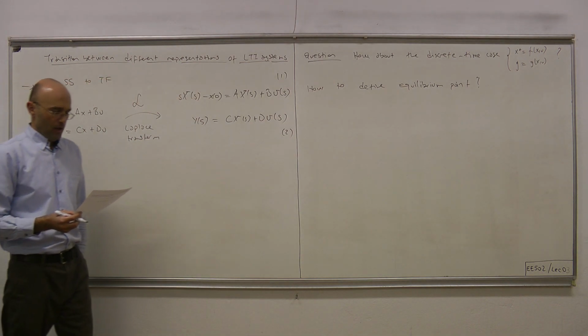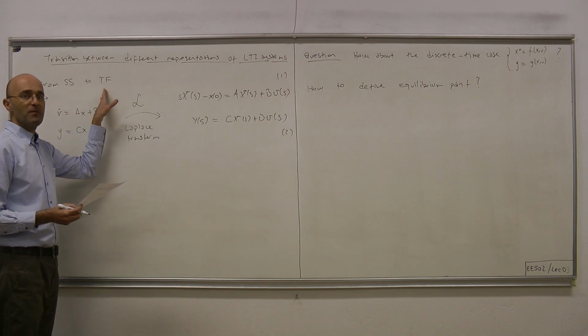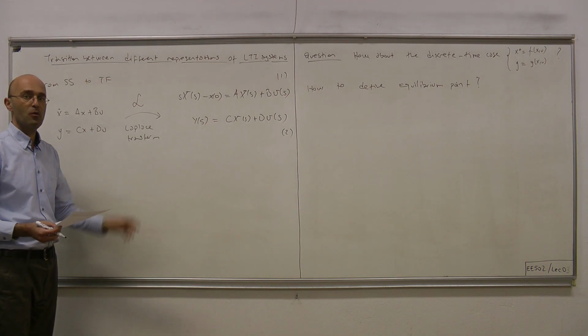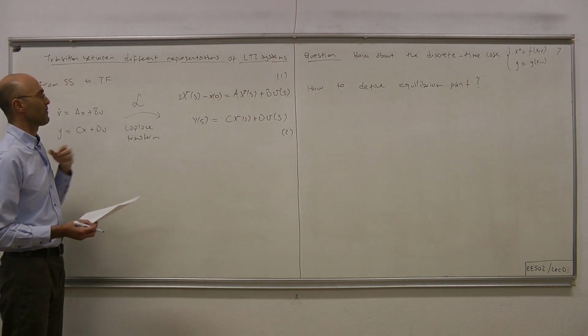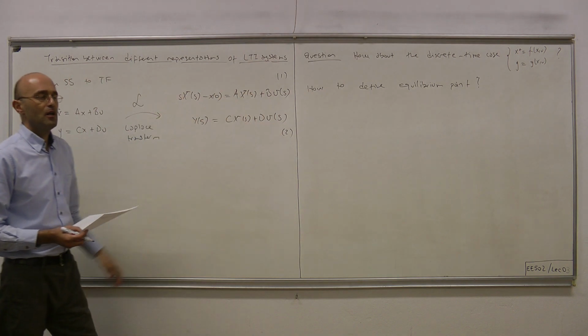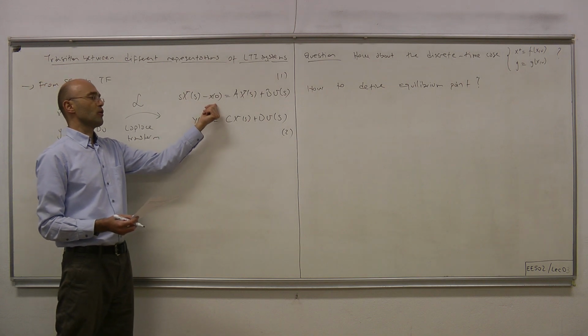Okay. And now, by definition, the transfer function is a matrix in general with entries that are rational functions of s, such that the matrix transforms the input to the output under the assumption that the initial conditions are zero.